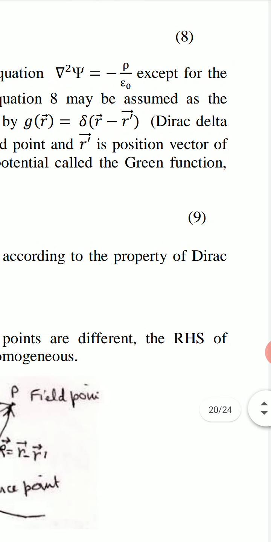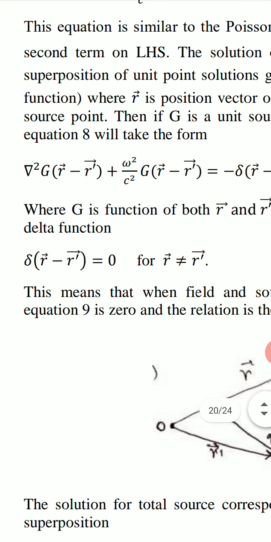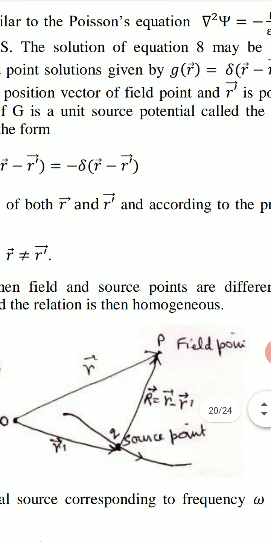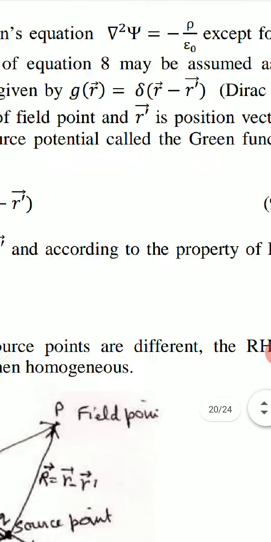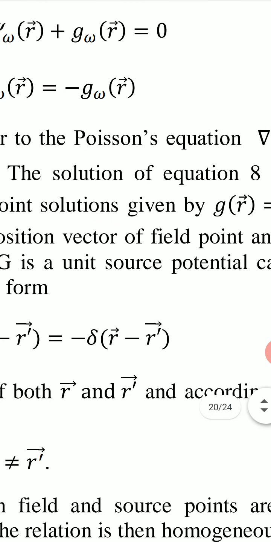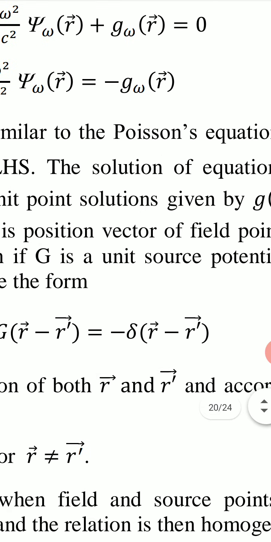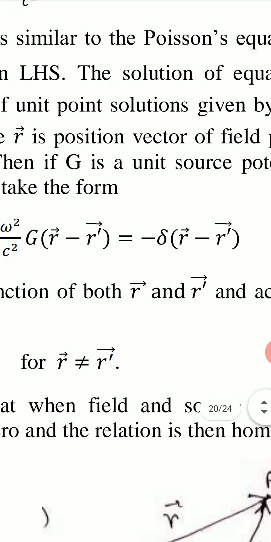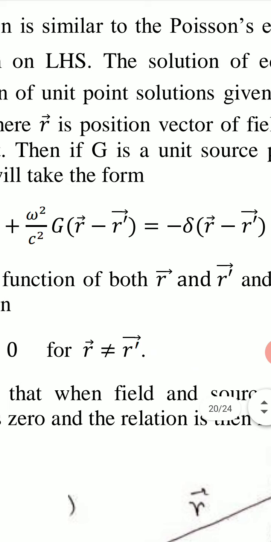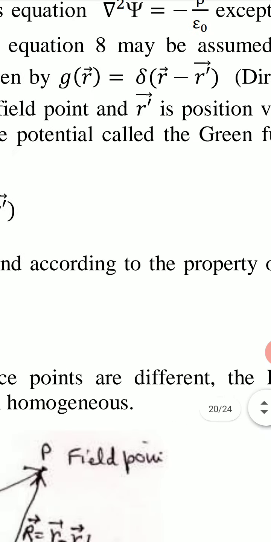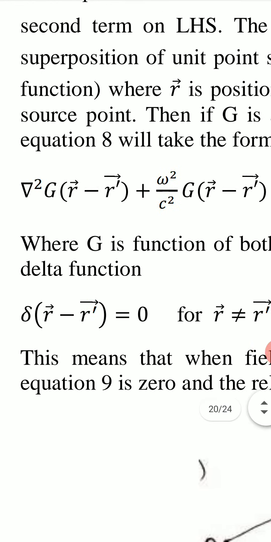So this solution is superposition of unit point solutions given by g r equal to delta r minus r dash. And delta r minus r dash is Dirac delta function. R is position vector of field point and r dash is position vector of source point.